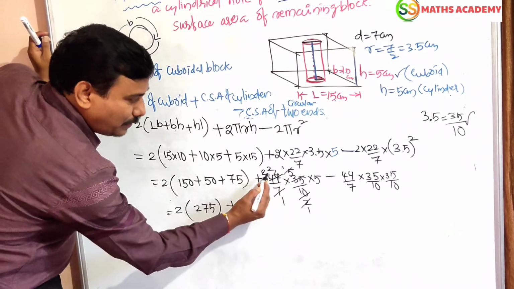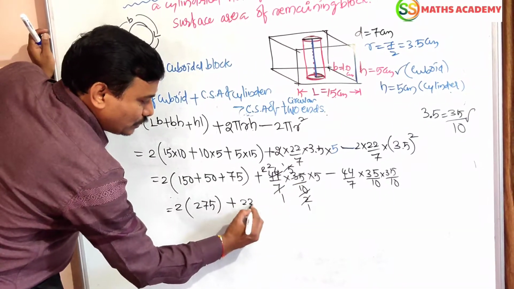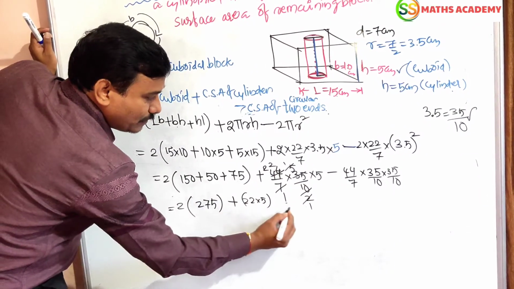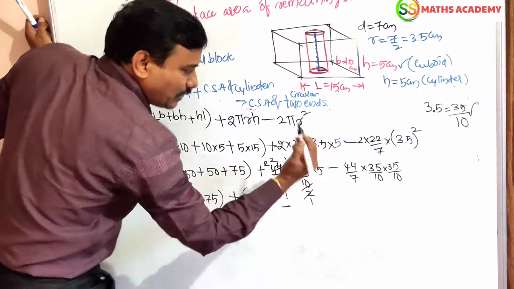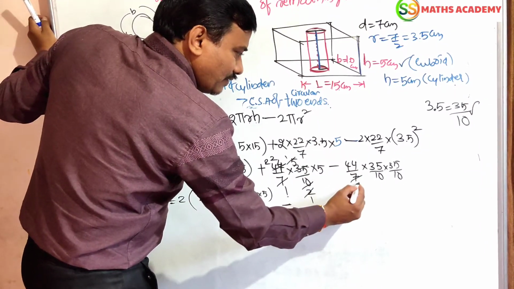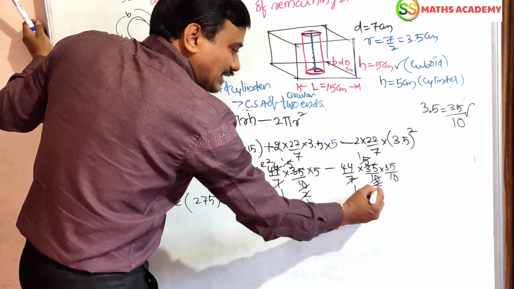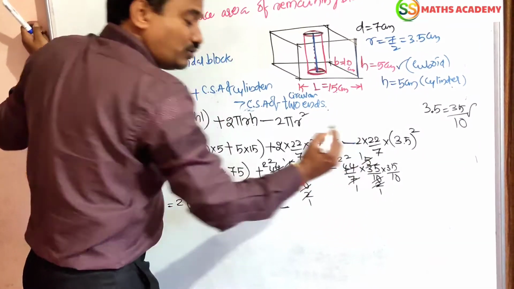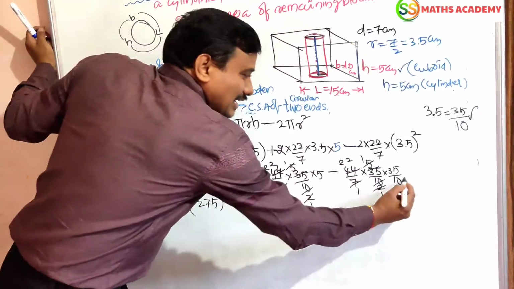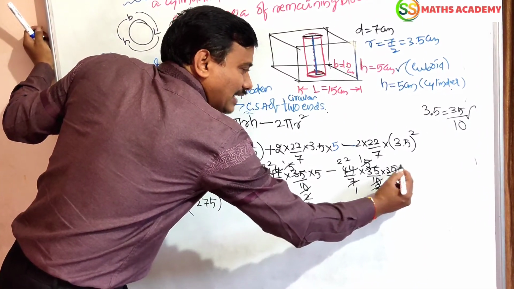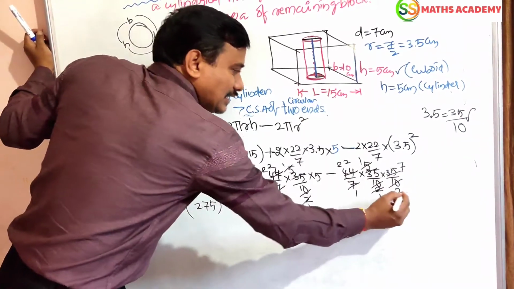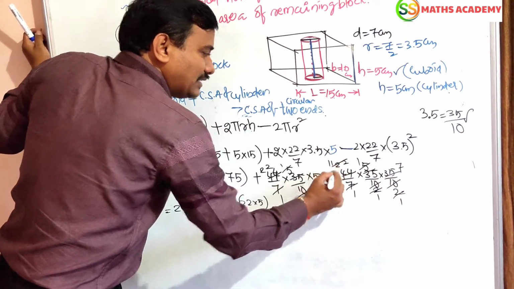That means 22 into 5. Minus this one, again 7 1s are 7, 7 5s are 35, 5 2s are 10, 5 7s are 35, 2 1s are 2, 2 11s are 22.